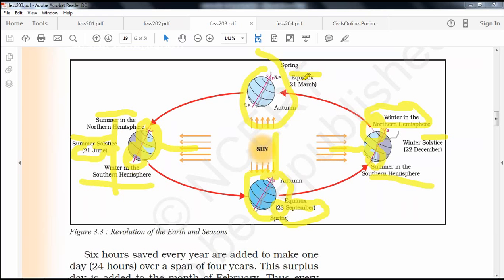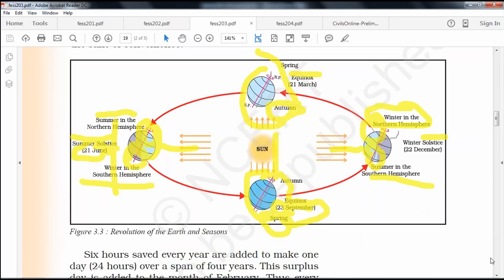It is spring in the northern hemisphere on 21st March, and in the same way, oppositely, it's autumn in the southern hemisphere. On 23rd September it is autumn in the northern hemisphere and spring in the southern hemisphere. This is because of the revolution of earth around the sun.